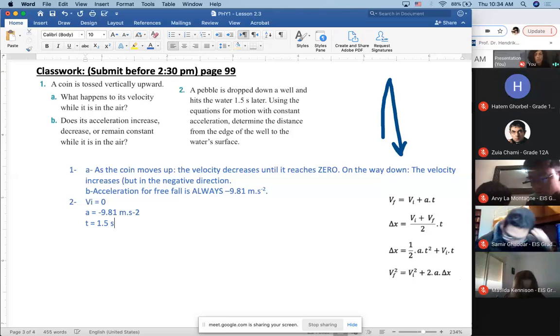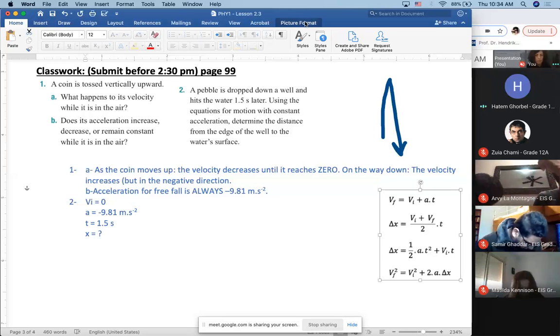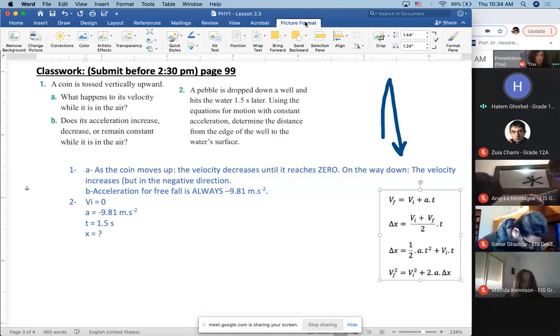And what is the question? So given, question mark, equation, solve. What do they want? So find the distance. Okay, so they want x, I suppose. X is equal to question mark. Which equation do you want to pick? Any equation would work, and I'm talking about those equations. It's delta x, half acceleration.